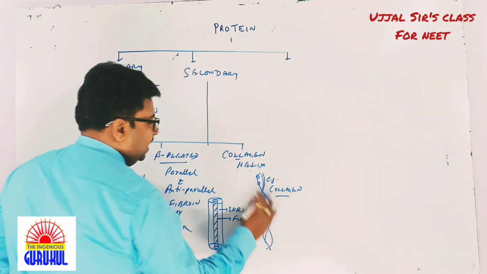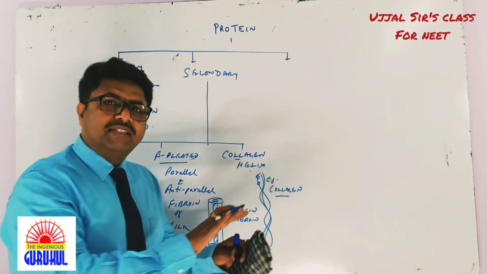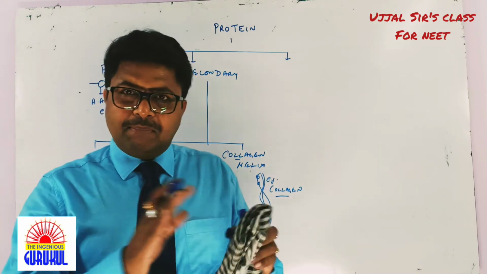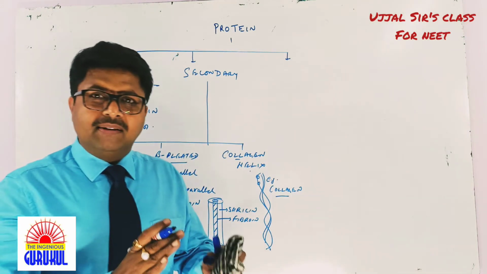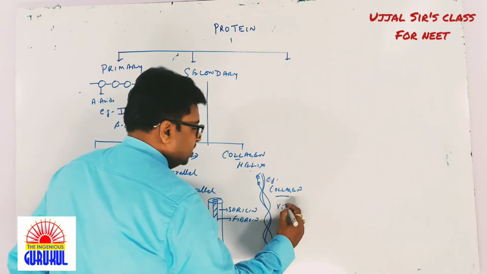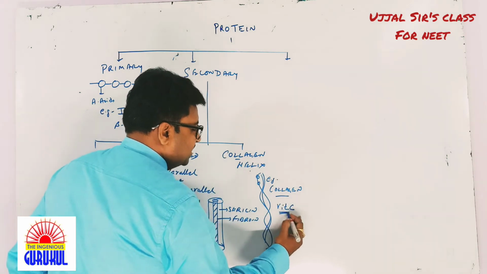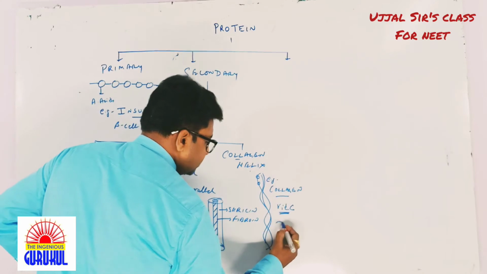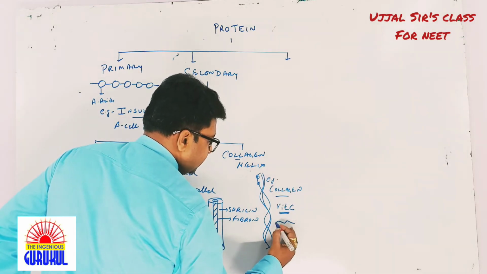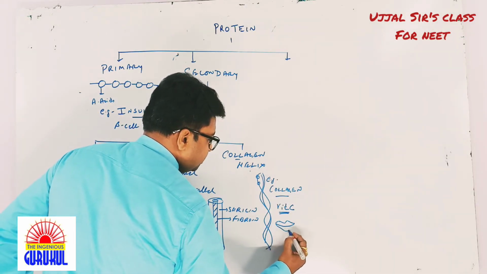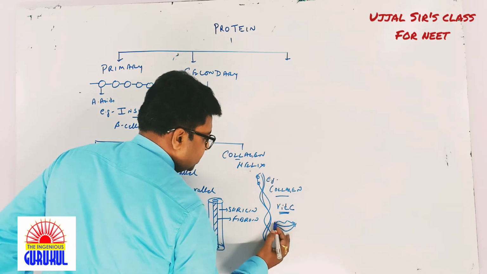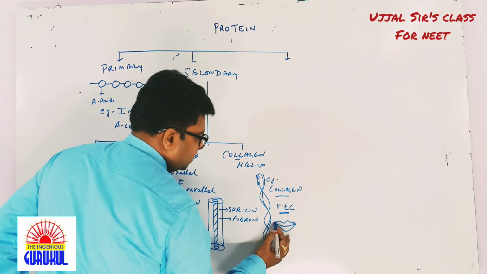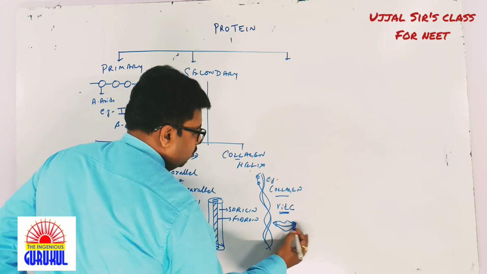And this particular helix sometimes gets disrupted. How? By the deficiency of vitamin C. If we have vitamin C, collagen is going to get formed again. For example, at the corner of the lips, you have seen in some people a wound-like structure.